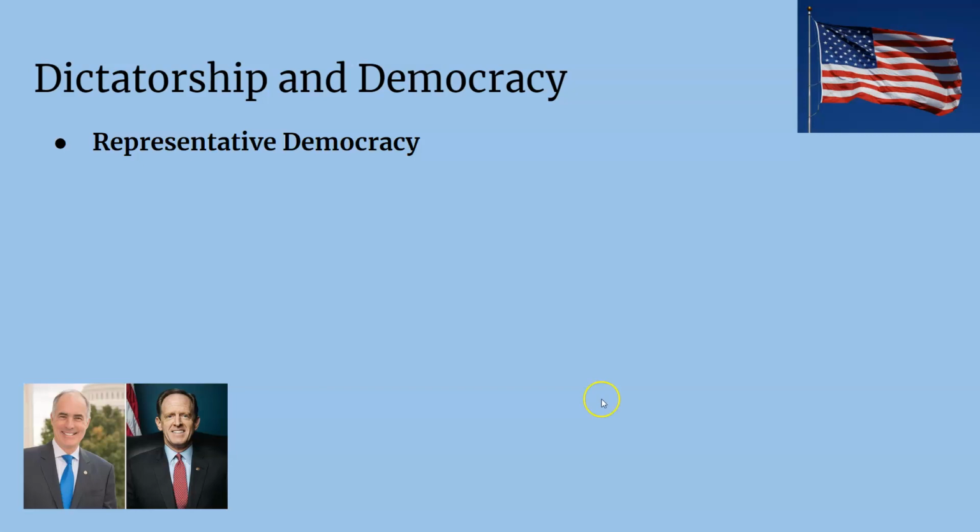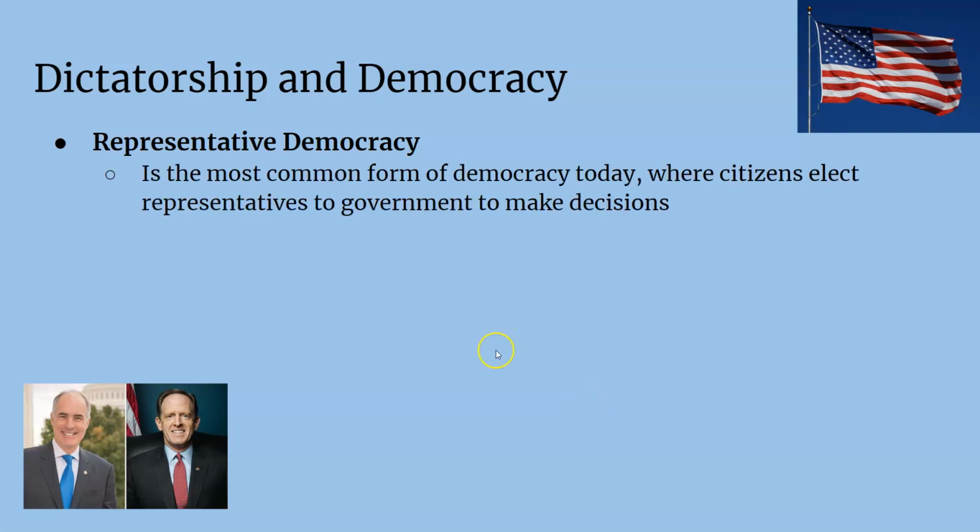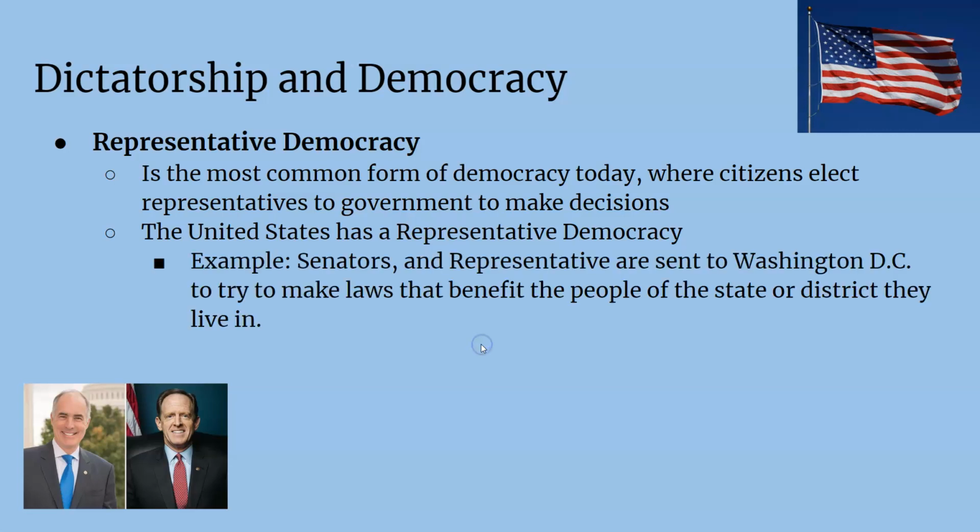The most common form is representative democracy, where citizens elect representatives to go to government to make decisions. So people themselves don't go to make the laws or decide things. We vote for people that represent our beliefs and what we want. This is what the United States has.